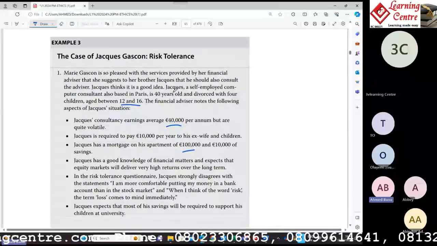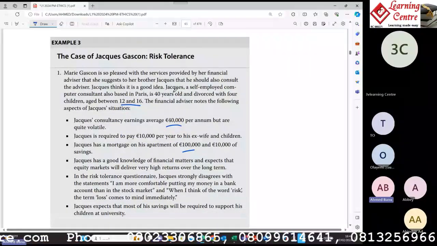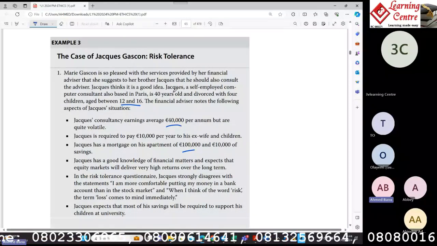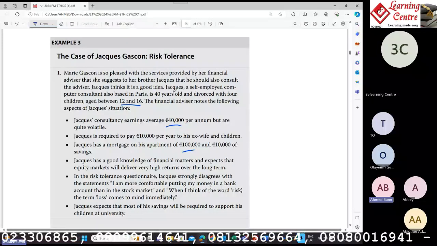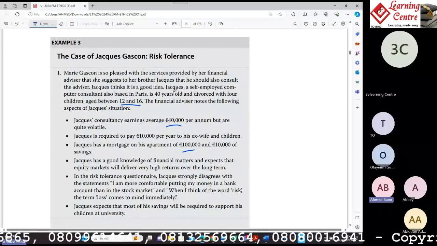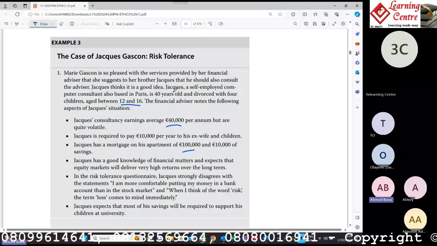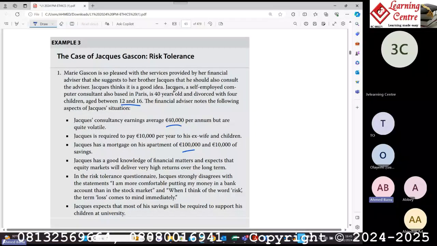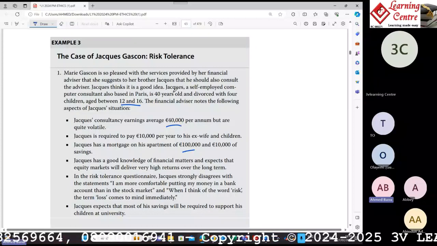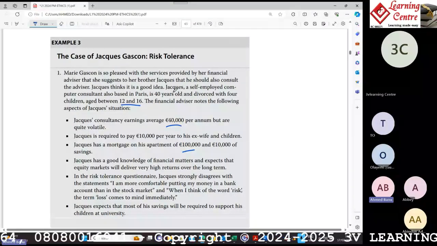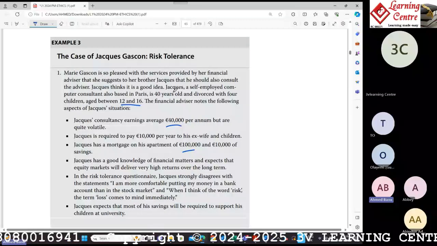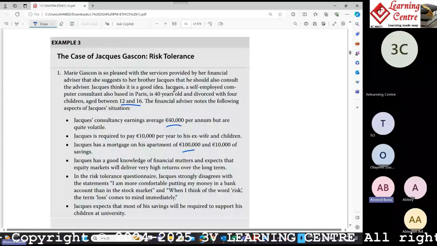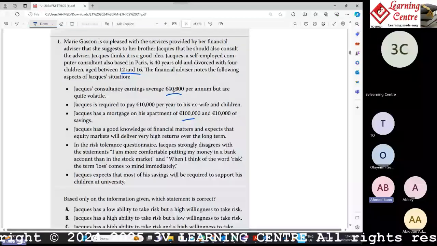Jacques has a good knowledge of financial matters and expects that equity markets will deliver very high returns over the long term. In the risk tolerance questionnaire, Jacques strongly disagrees with the statement, "I am more comfortable putting money in the bank account than in the stock market. And when I think of the word risk, the term loss comes to mind." Jacques expects most of his savings will be required to support his children at university.